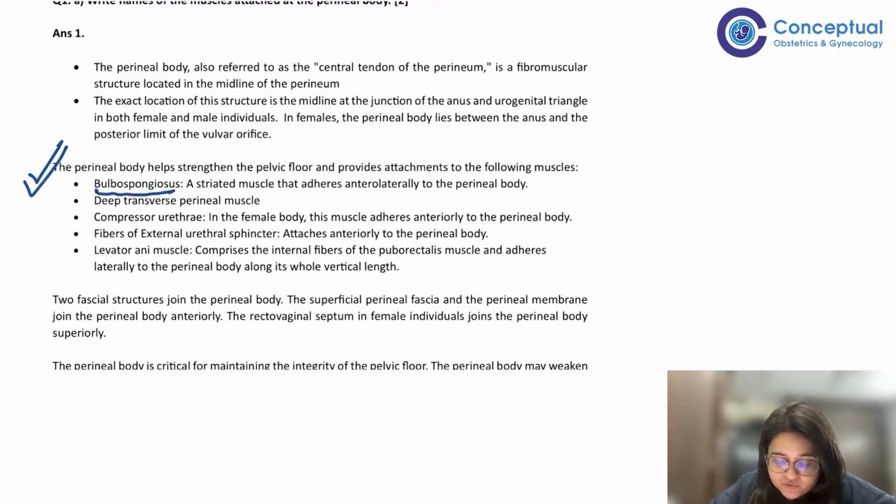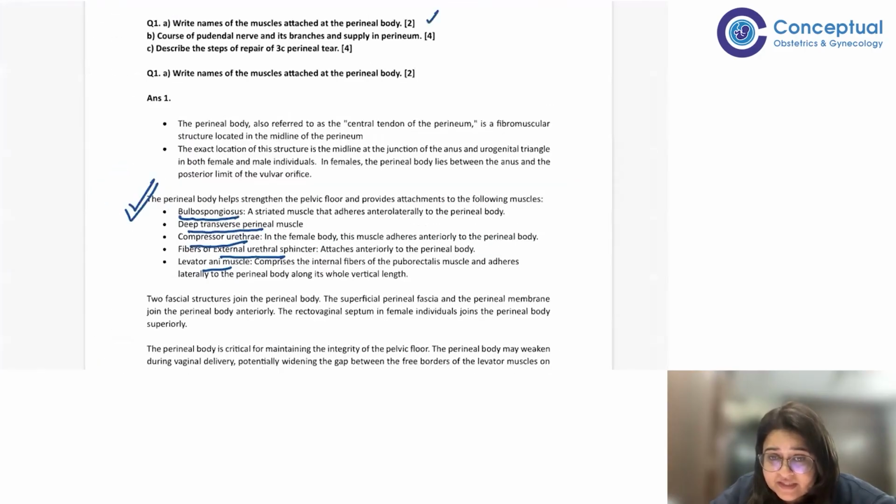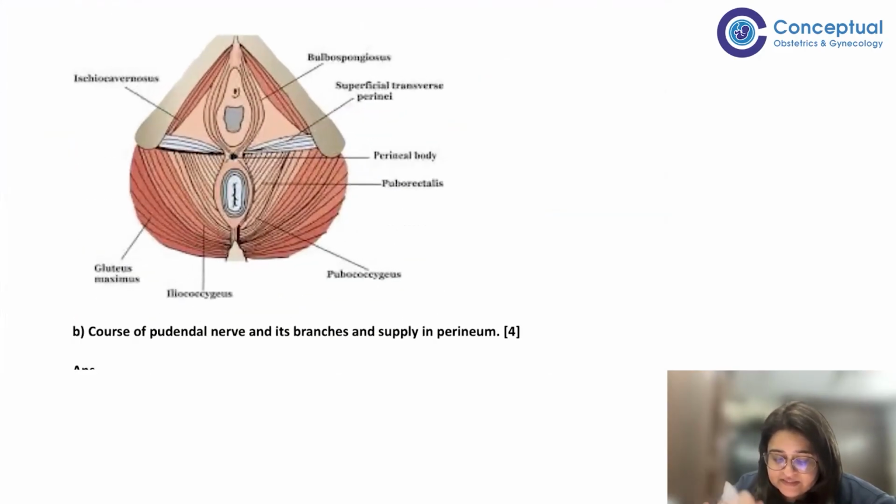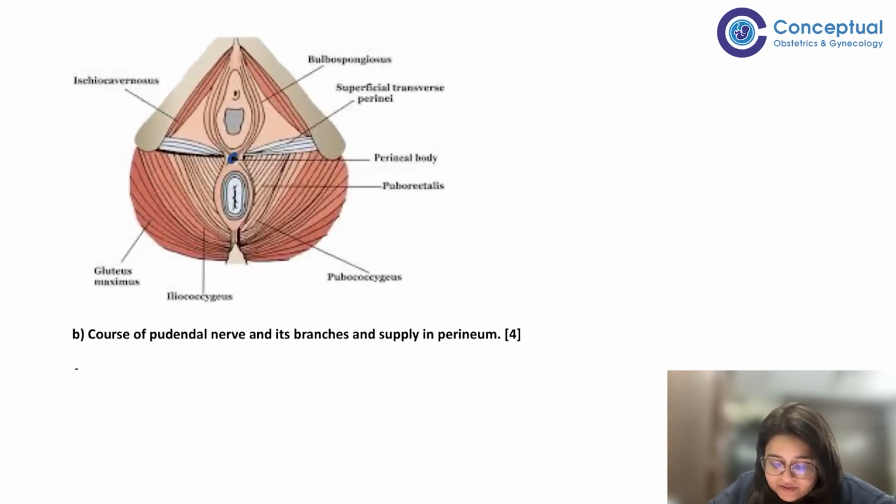So: bulbospongiosus, the transverse perineal muscles, the compressor urethrae, the external urethral sphincter, and parts of the levator ani, especially the puborectalis muscle. If you see this diagram here, this is the perineal body, this is the vaginal introitus, this is the anal canal behind, and the attachments here are the transverse perinei, the bulbospongiosus, and parts of the levator ani, specifically the puborectalis.